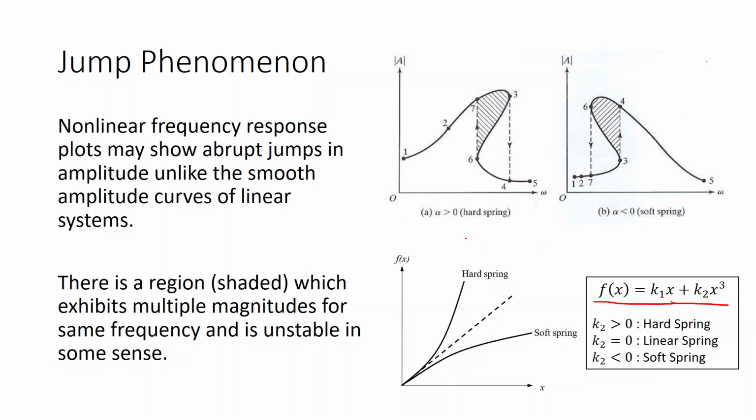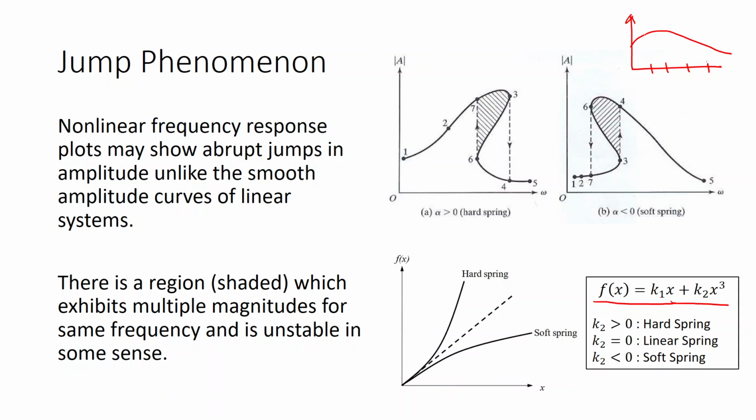So what happens in this sort of system if you try to plot the amplitude-frequency plot, the frequency response? Normally the linear one will have a smooth curve like this, and the peculiarity is that for none of the frequencies will you have more than one amplitude.